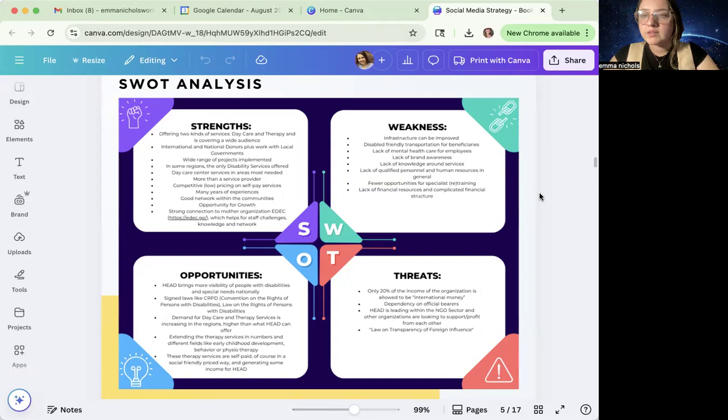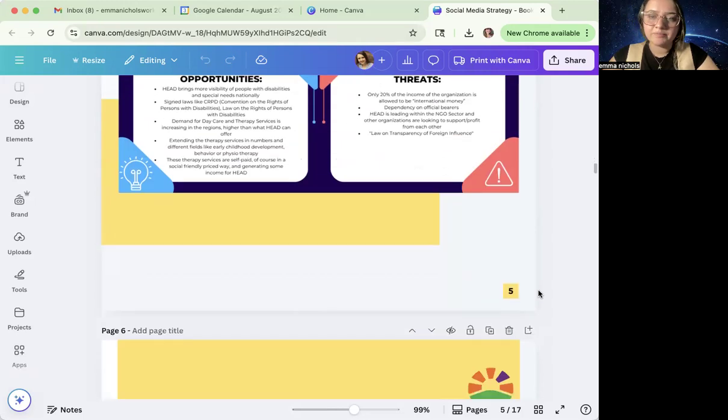So then we would have posts that talk about donations and thanking the donors that we already have. So definitely go through the SWOT analysis and see the strengths that highlight what HEAD does well, and then opportunities of where they could grow. Any threats would be outside sources, like other actors in the field, competitors, or things that could hinder success. I think this even says income is a threat that is hindering the success of HEAD.